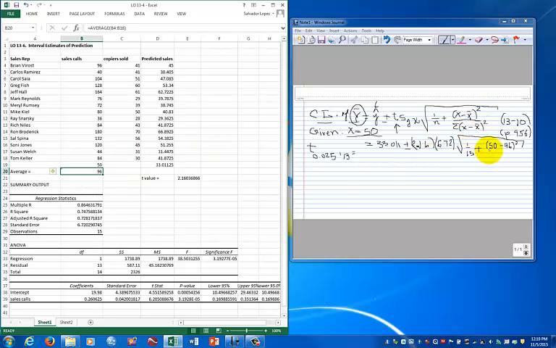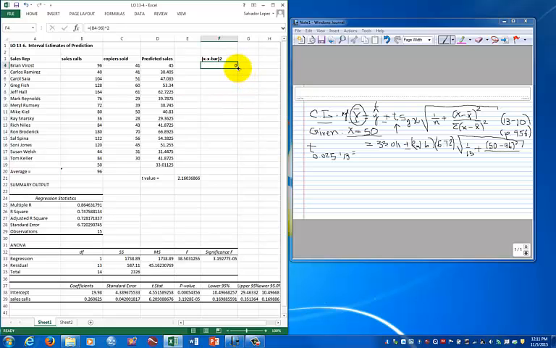And then we divide this by the summation of x minus x bar squared. Well, we can use Excel to calculate that. Let me put it right here: x minus x bar squared. So my first x is B4, minus 96, the average, and square it.